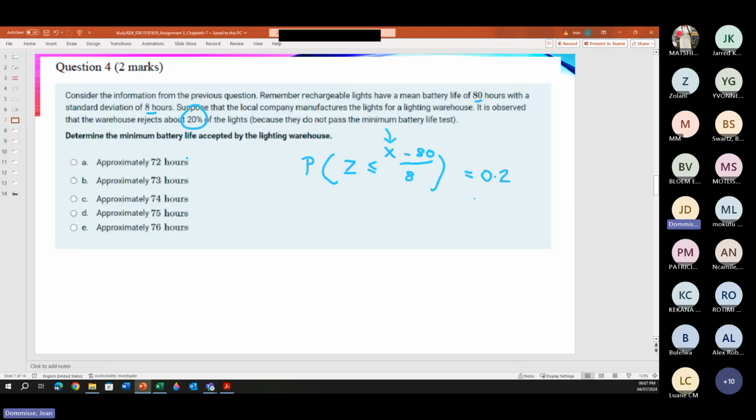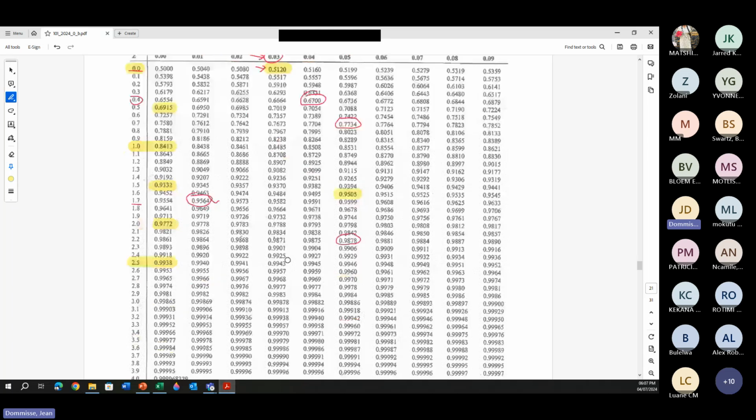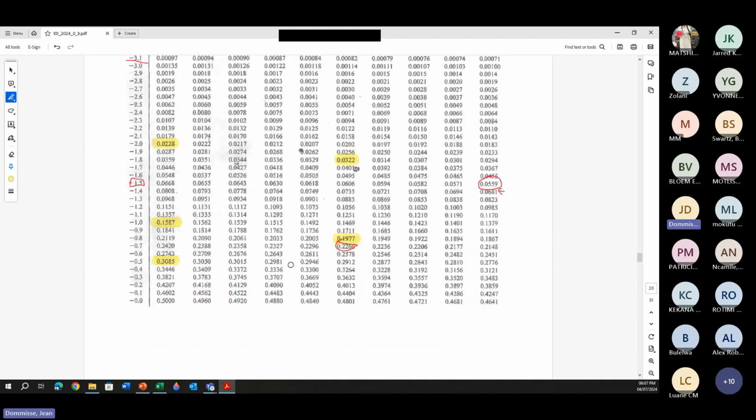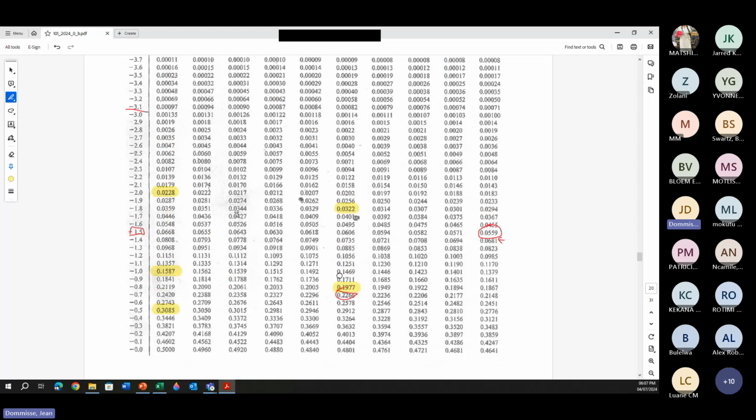Okay, so first, what we will need to find out is for that probability of 0.2, what is the Z value?